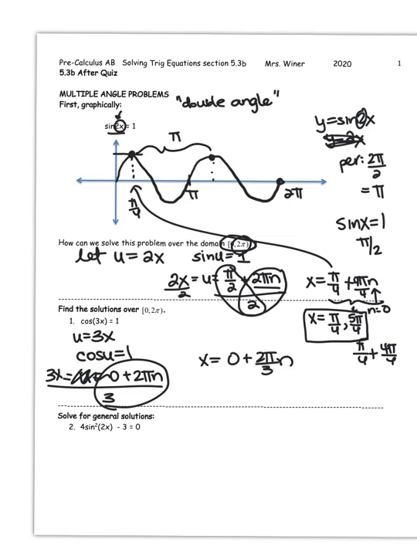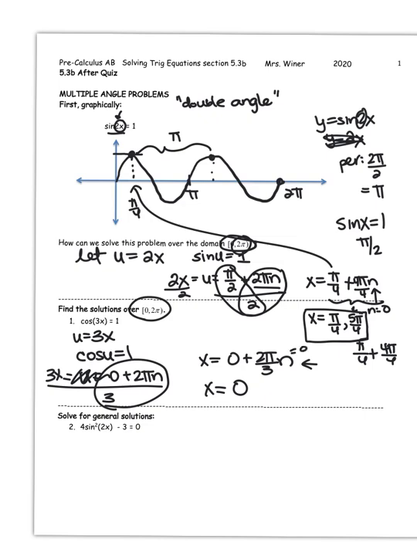Now, if it said general solutions, I'd be done, because that's general solution format, but it doesn't say that. It says solve between 0 and 2 pi. So that just means I want all of the angles between 0 and 2 pi. And this is a formula that generates that. So the first answer is going to be 0, because you always start with n equals 0.